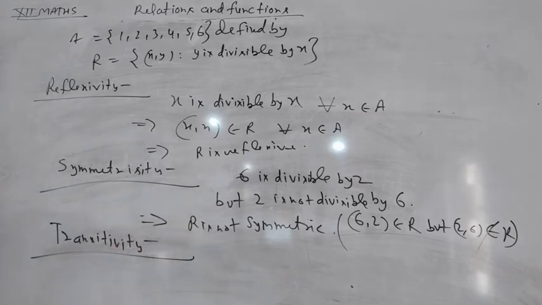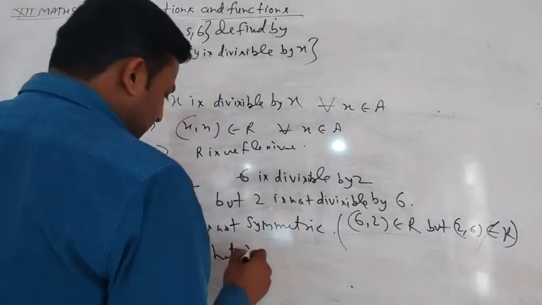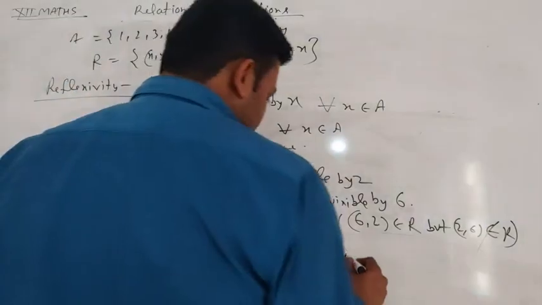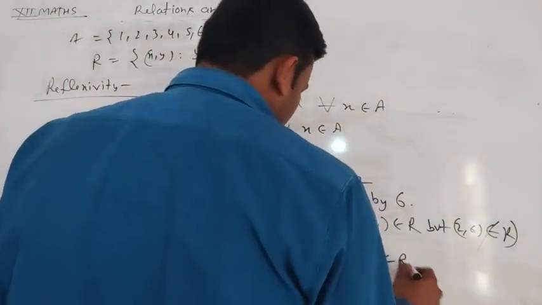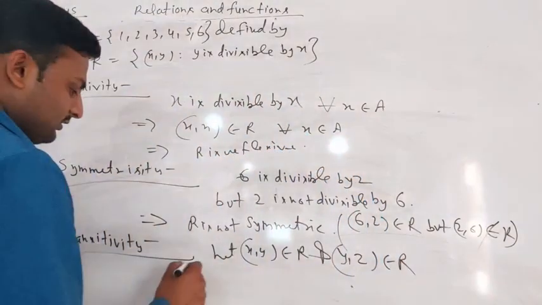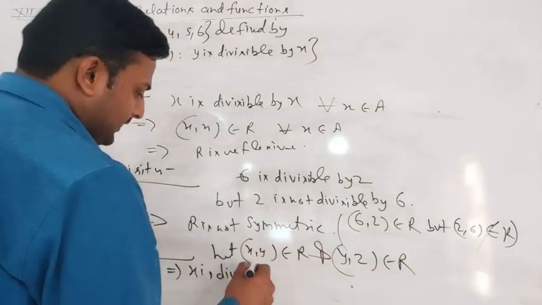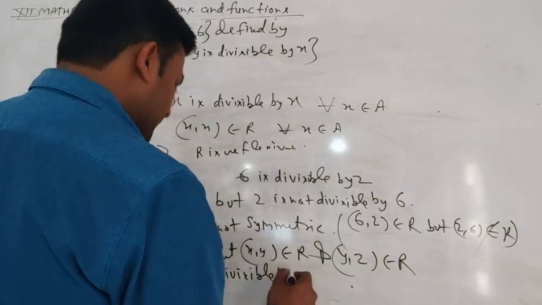let (x, y) belong to R and (y, z) belong to R. It means that y is divisible by x and z is divisible by y.